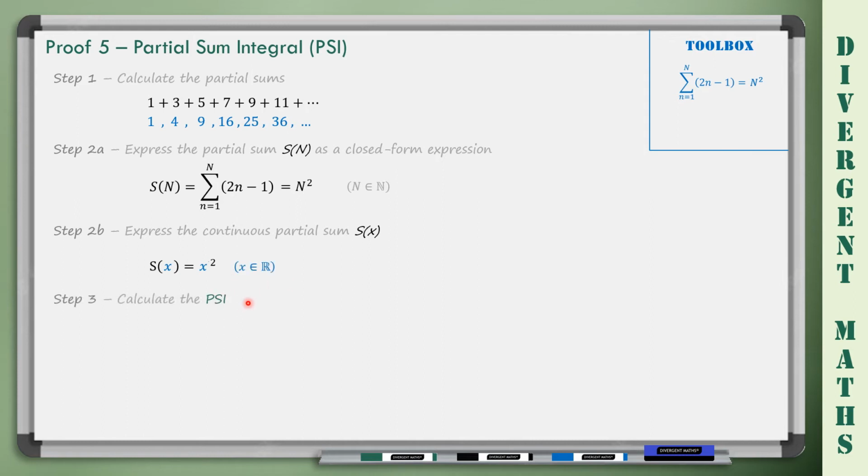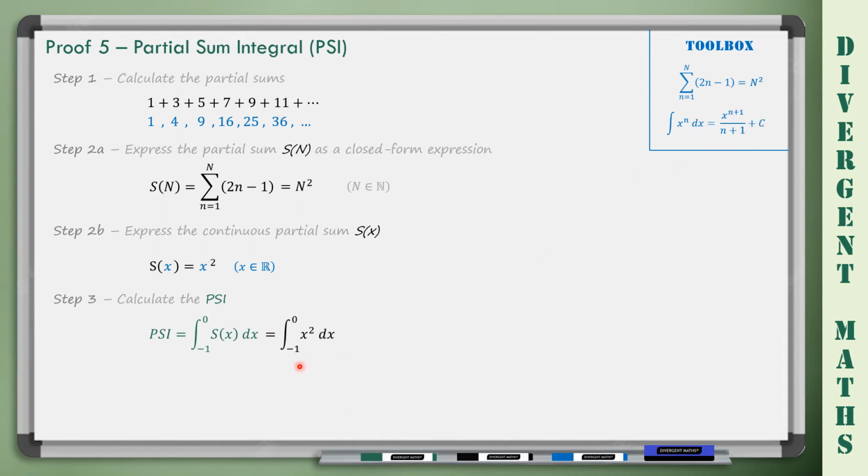Step number 3, we calculate the PSI. The PSI, by definition, is the integral from -1 to 0 of the continuous partial sum S of x dx. In that case, it becomes the integral from -1 to 0 of x squared dx. So we need the antiderivative here. The antiderivative, the indefinite integral of x to the n dx, is equal to x to the n plus 1 over n plus 1 plus a constant.